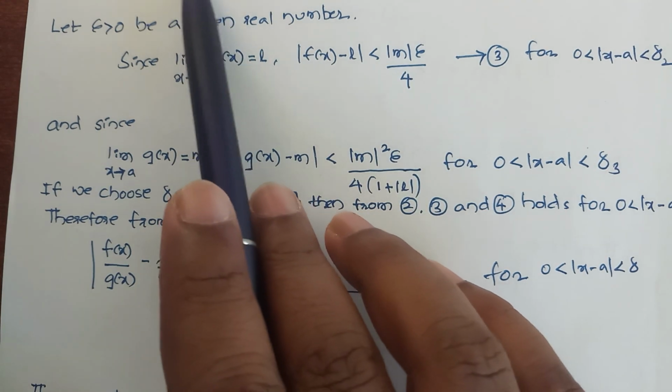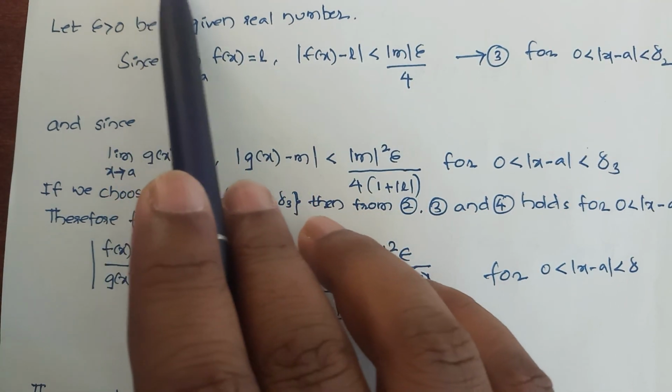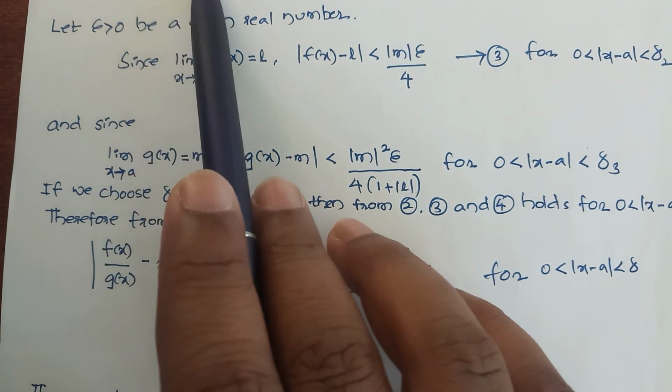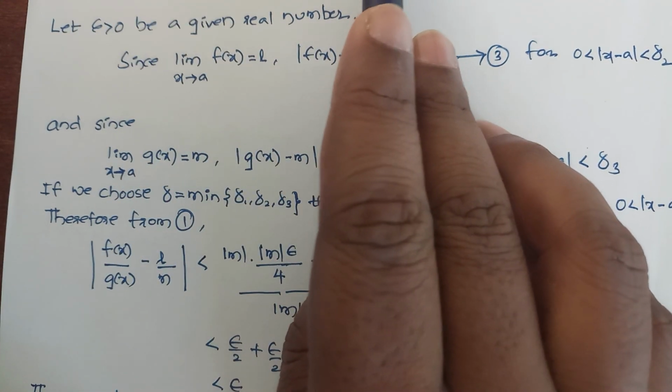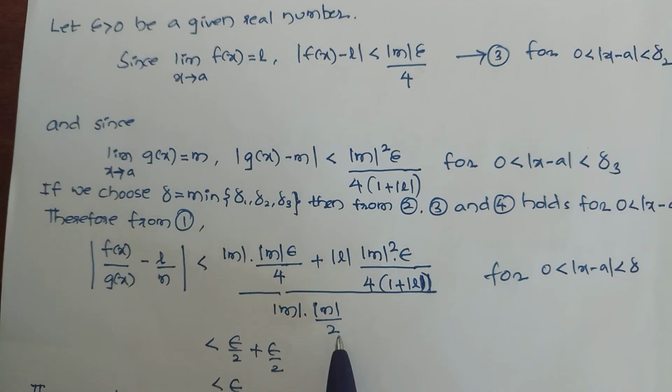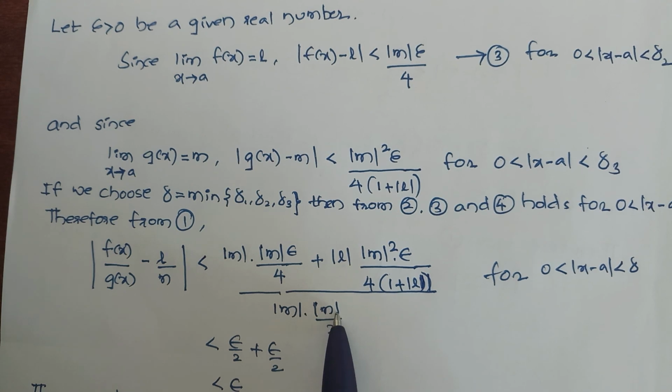So modulus of g of x is greater than modulus of m by 2, because this is in the denominator term, so we have to take the smaller value there to get the greater term. So therefore modulus of m by 2 I take here. So modulus of m into modulus of m divided by 2. Here we take g of x value as modulus of m divided by 2.